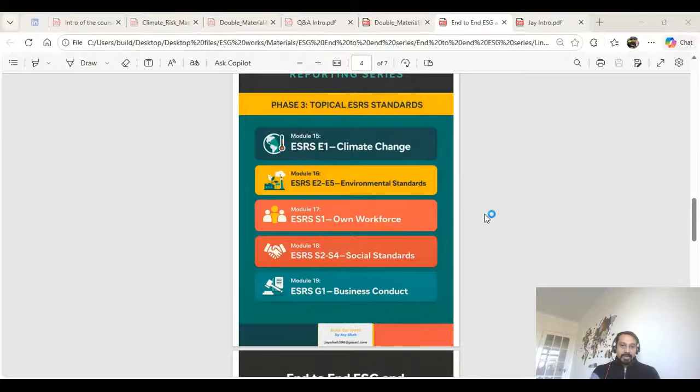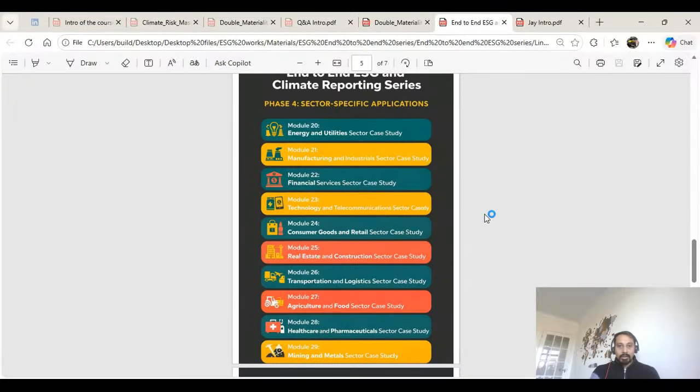Then phase 4 covers practical sector-specific application. We apply this to real industries, including case studies from energy, manufacturing, finance, tech, retail, real estate, logistics, agriculture, healthcare, and mining, showing how ESG works differently across the various sectors.